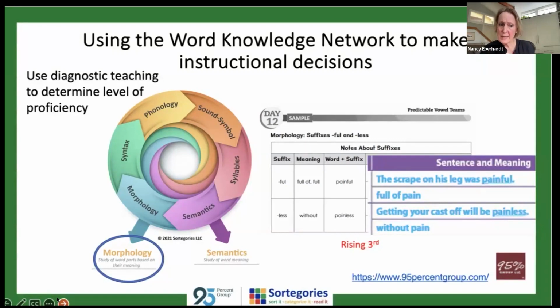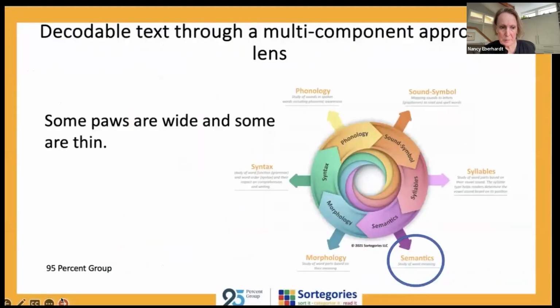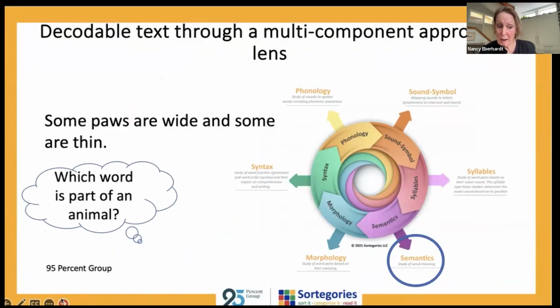So this diagnostic teaching approach will help us determine the level of proficiency. So for example, in this situation, if we look at the text and say, gee, one of the questions we might probe is, do the kids understand the word pause as being a part of an animal?